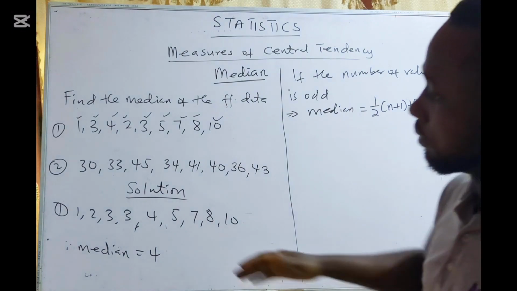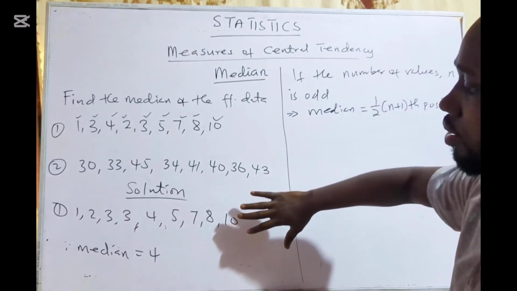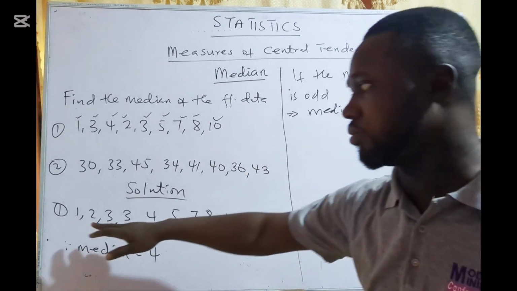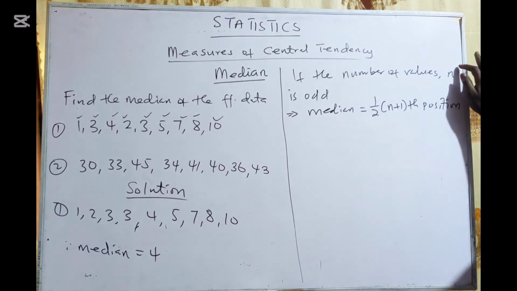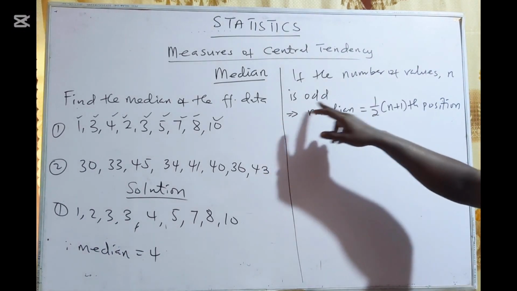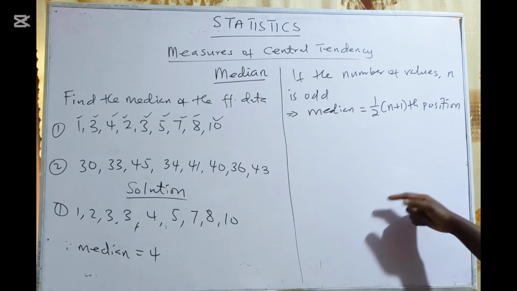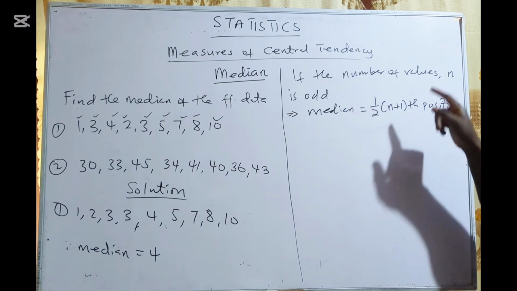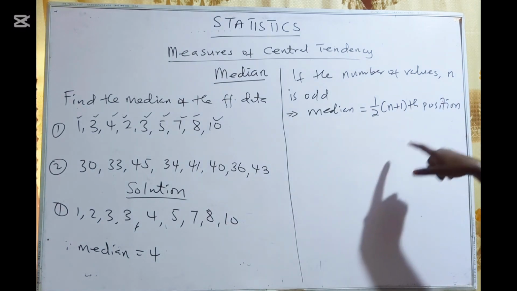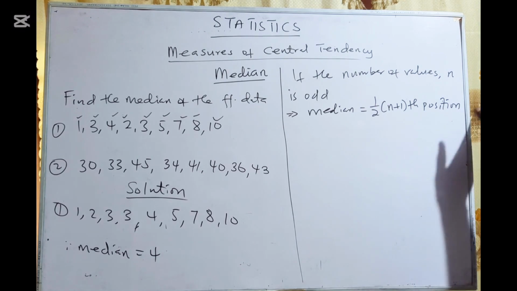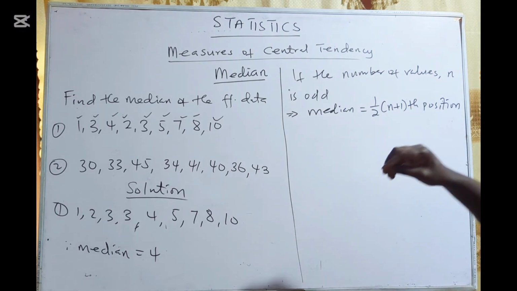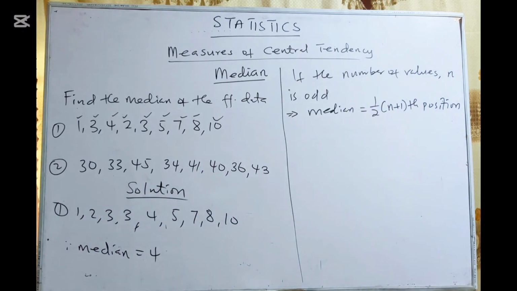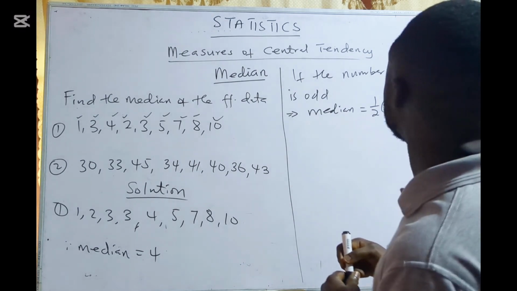If you count the number of values of the data given, let's say our number of values is n. If it is odd, then what we have to do is add 1 to the total number of values, then multiply by half, and the answer you get will be the position of the median.